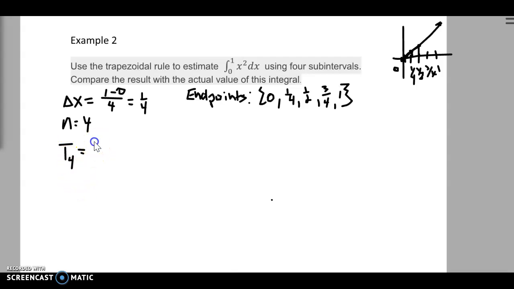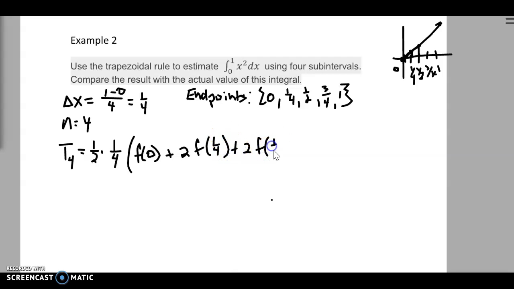So T sub 4 is equal to 1/2, which comes with the equation, times delta x, which we found to be 1/4, times f of the first endpoint, plus 2 times f of the second endpoint, and 2 times f of the third, and so on until we get to the last one. And then this last one we are not going to multiply by 2.